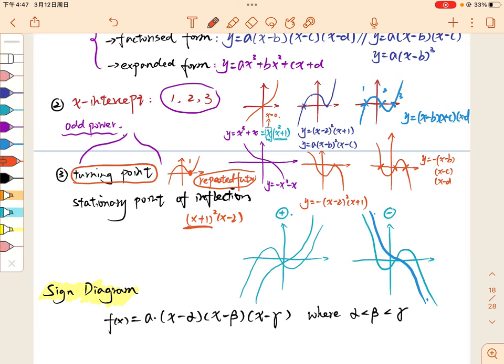And for our cubic function, the stationary point of inflection, like this one, where the gradient turns into 0, doesn't mean every function will have such a point, okay? Not all cubic functions will have a stationary point.